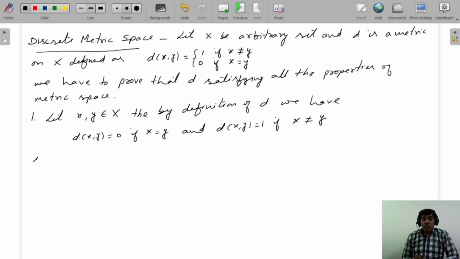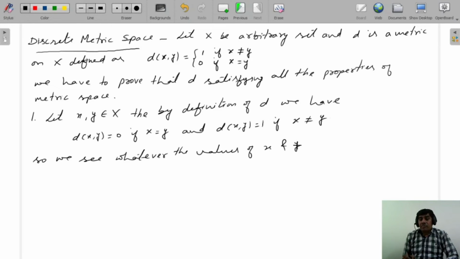So, we see whatever the value of x and y, dxy is greater than or equal to 0.